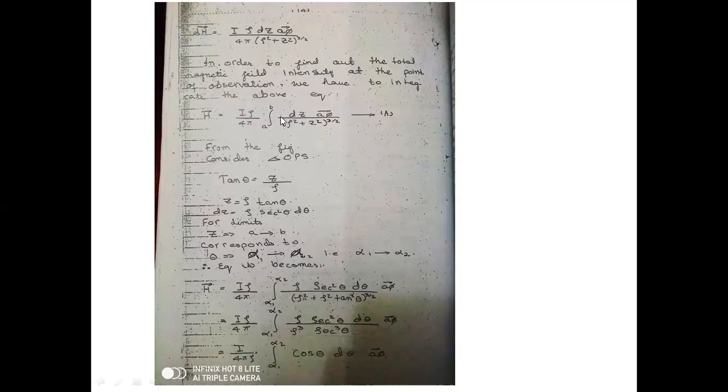We have to replace the z because these are the limits of the z, so we replace z by some trigonometric function of theta, that is the spherical coordinate system. So dz by d theta is equal to rho secant square theta. Shifting d theta to this side, we get dz is equal to this.